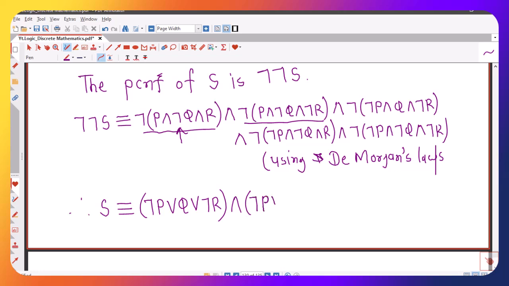Negation P or Q, or negation of negation R, that is R.